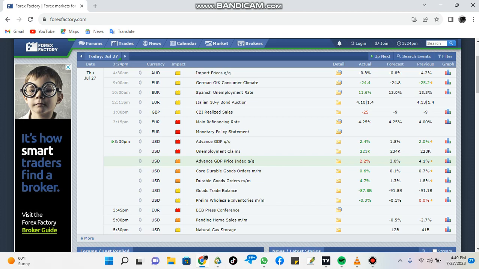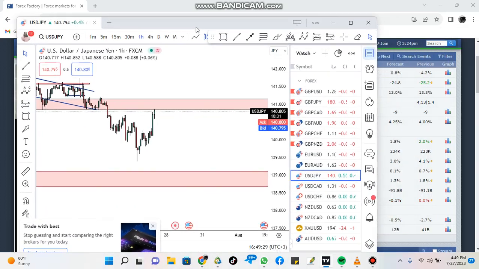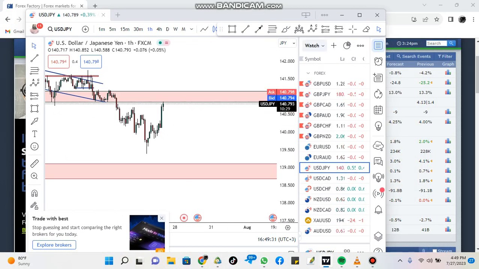Let me check the chart here. We have this chart. Let me put it here. We have the US dollar, Japanese yen. You can see the movement of the candlestick, how it moved upwards.